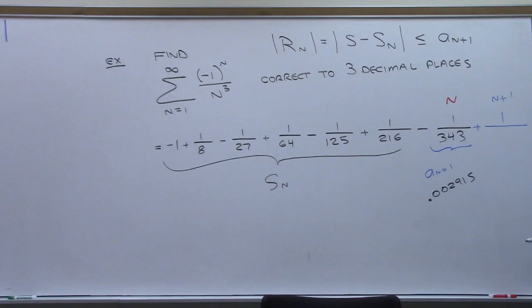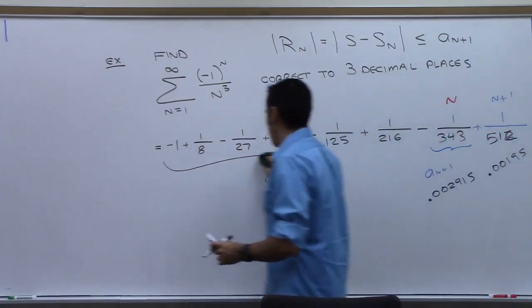What's 8 cubed? 512? What's 1 divided by 512? 0.00195.